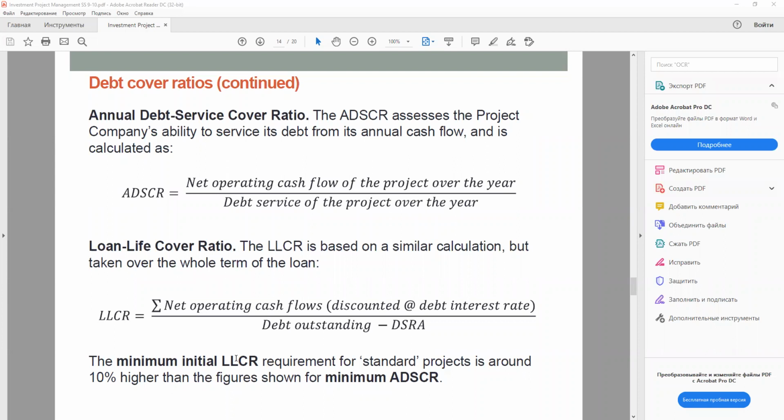But we have this ADSCR, as I mentioned, 1.3, but we have a really high project life cover ratio, nearly 2, as I mentioned previously. But what point was made?